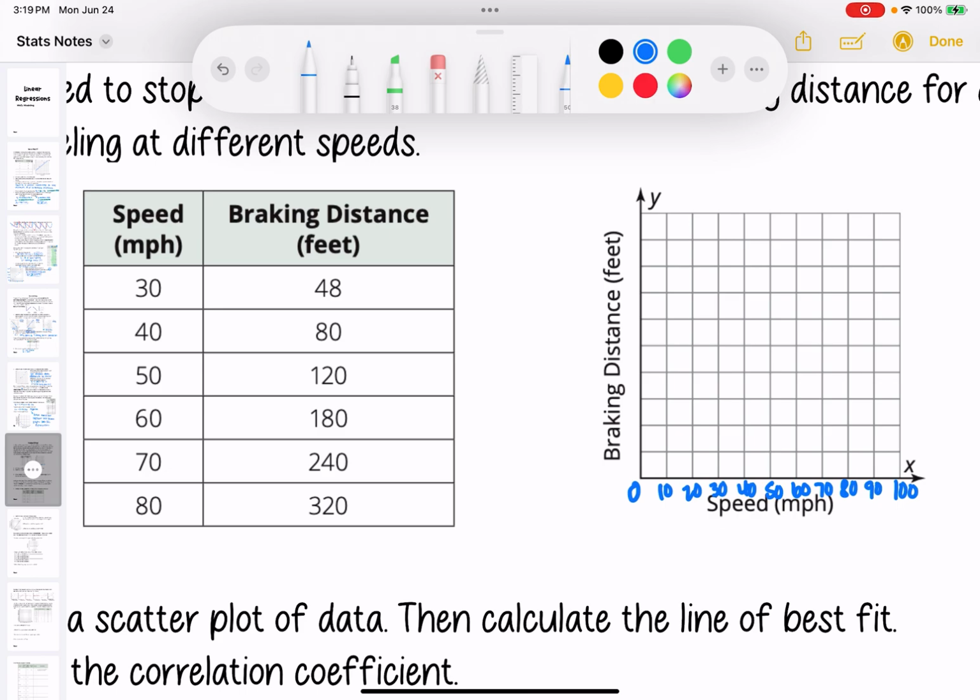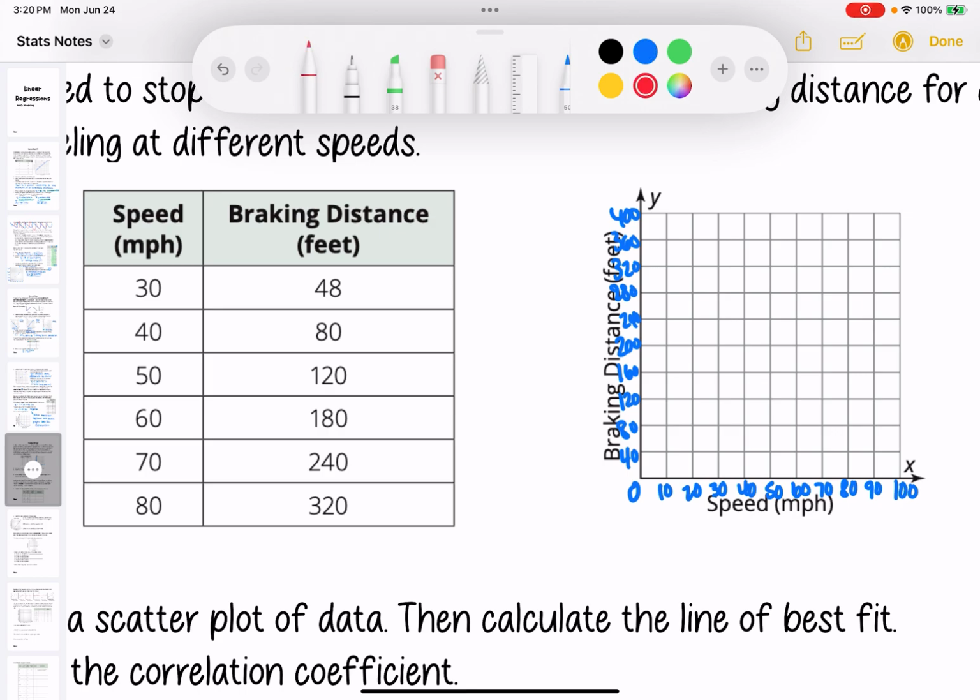I'm just counting by tens on the bottom, and I'm counting by 40s on my y-axis. So 40, 80, 120, 160, 200, 240, 280, 320, 360, 400. And then I'm just going to plot my points from there.